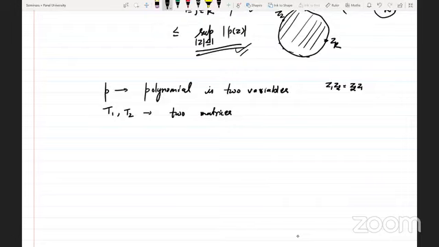They are treated as the same numbers. So here also you should start with two commuting matrices. And you should start with contractions. Contractions means that their operator norm is less than or equal to 1.